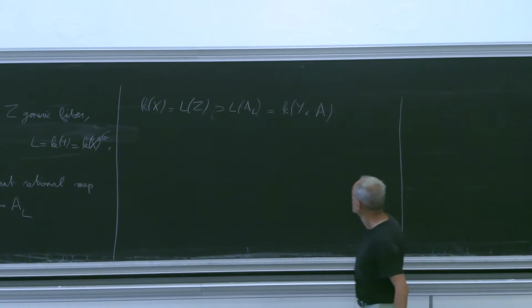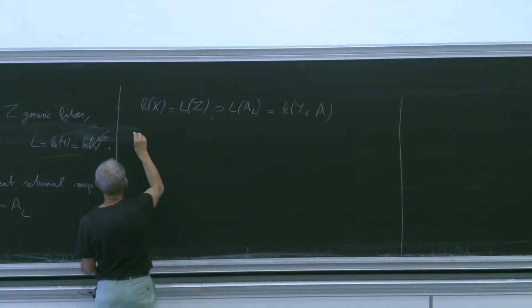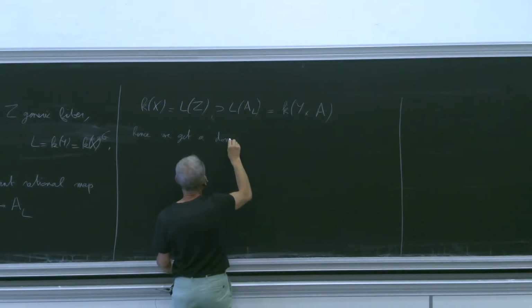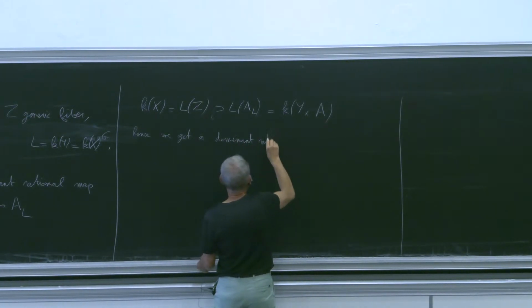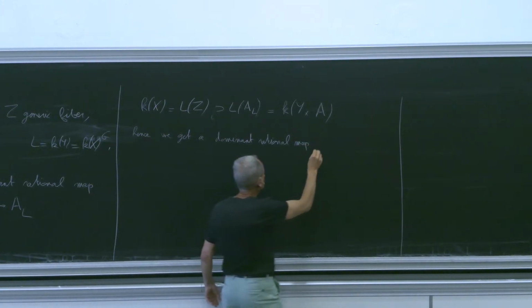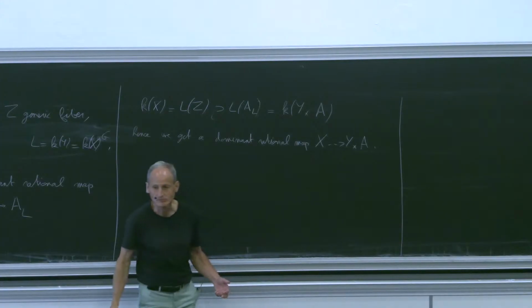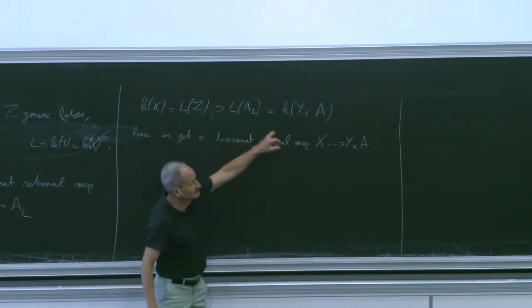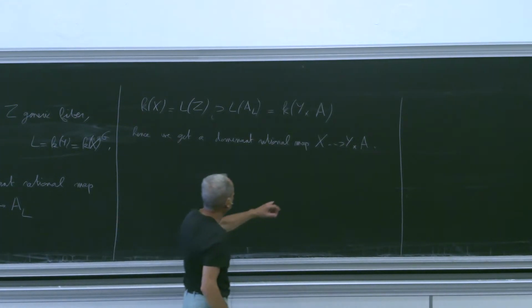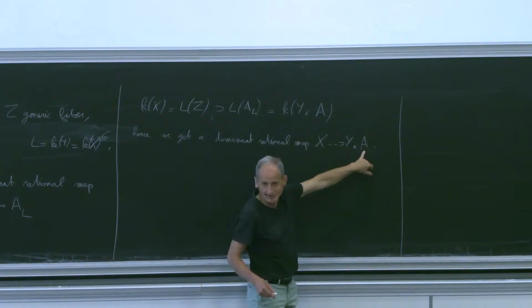And now you see that this corresponds to a rational map in the other direction from X to A, and now this is really over K. And then you see if X is rational, you cannot send a rational variety to an abelian variety.